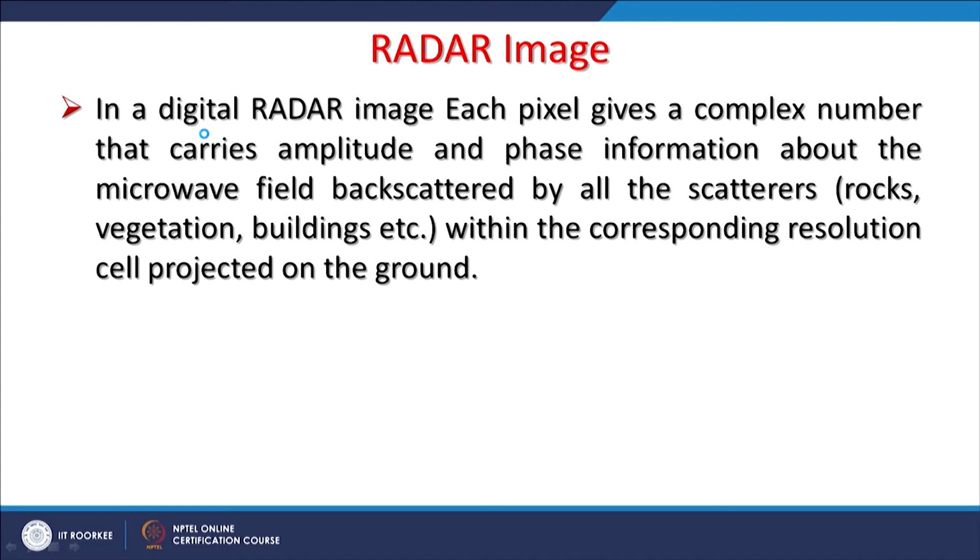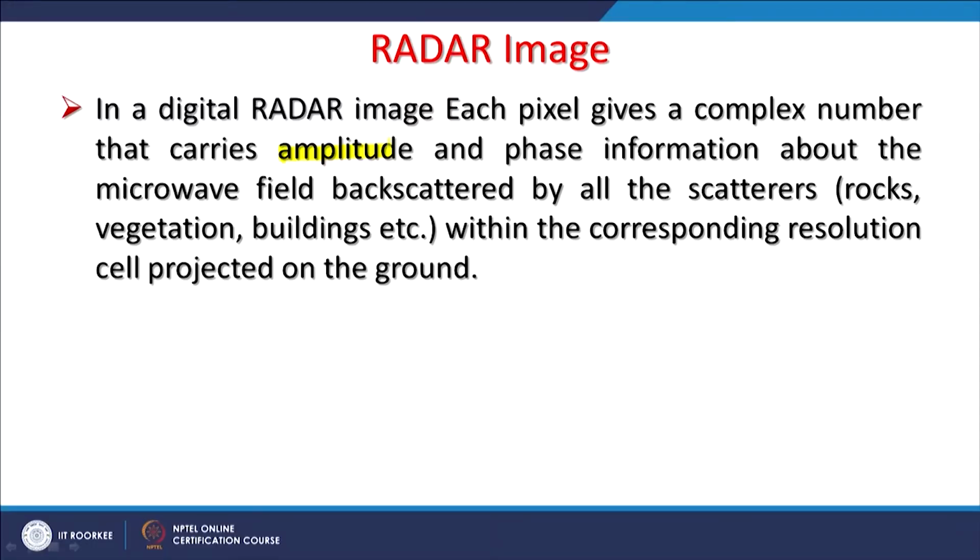Of course, everything is now digital. So, in a digital radar image each pixel gives a complex number, because it is not simple normal remote sensing. What this number carries is the amplitude and the phase information about the microwave field which has been backscattered by the scatterers.